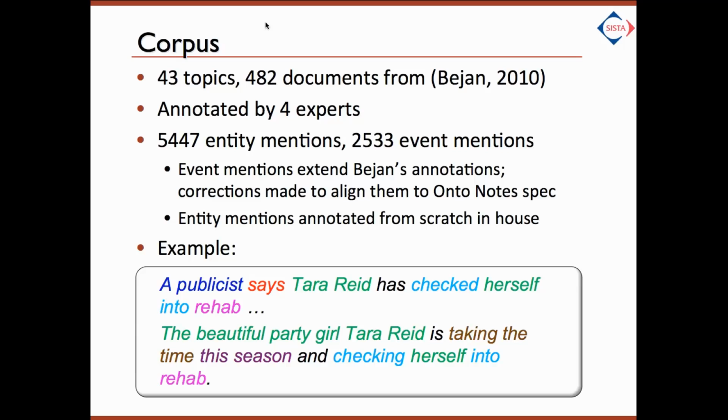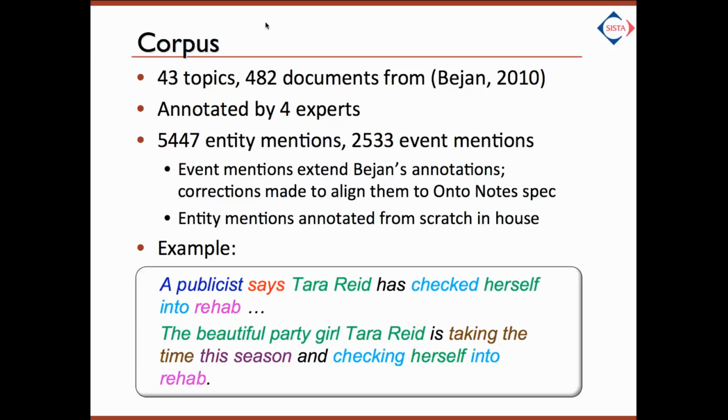So we took that corpus and we did two things. We reviewed their event annotation because we wanted to make sure it follows the same annotation specification as OntoNotes. So we made sure it aligns with OntoNotes. And then we annotated the entities. So now we had a corpus that's cross-document, has both events and entities. And this is an example. Color indicates same cluster.